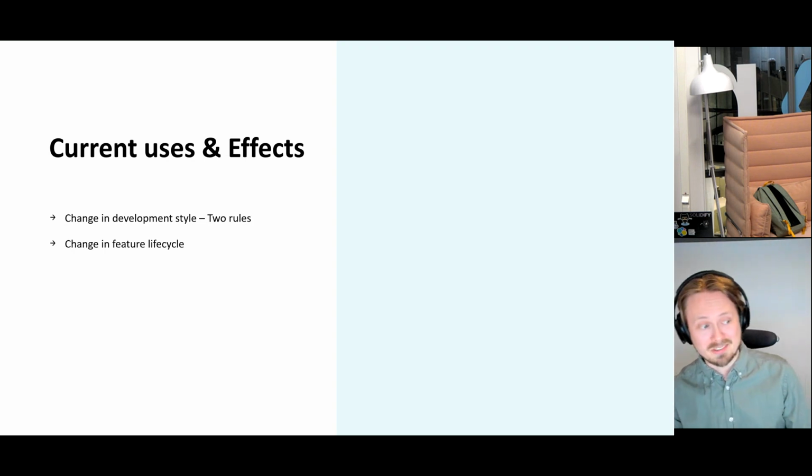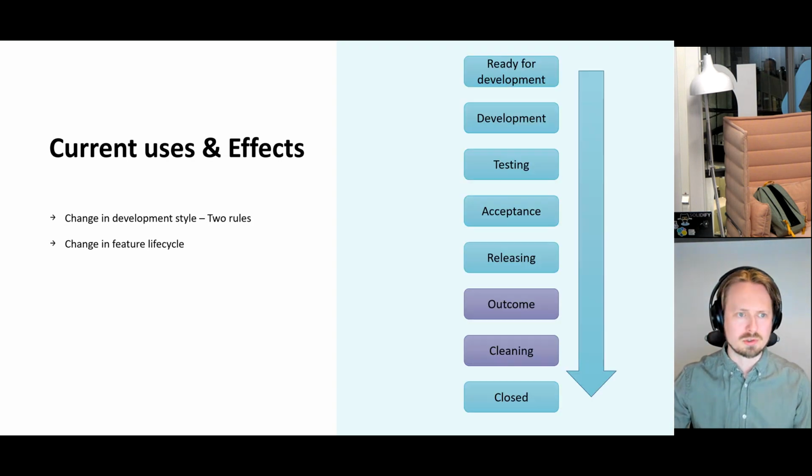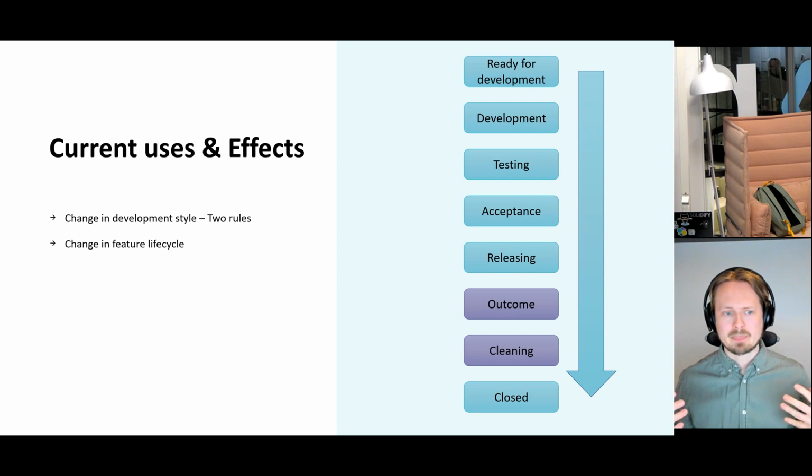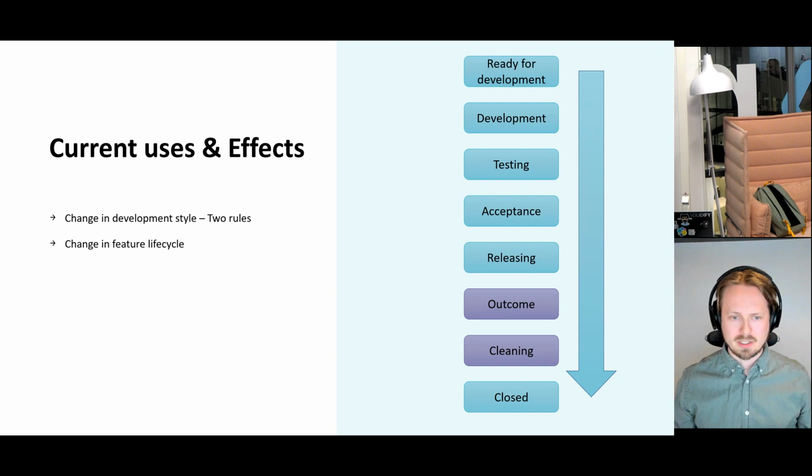The second change is in our feature lifecycle, and that's easiest to just show you. These are the different phases that our features go through, and this is completely separate from the deployments. The deployments happen all the time, but each feature goes through this flow.